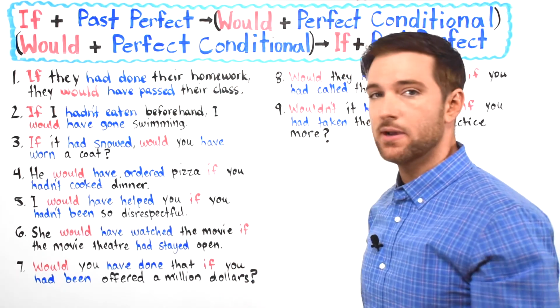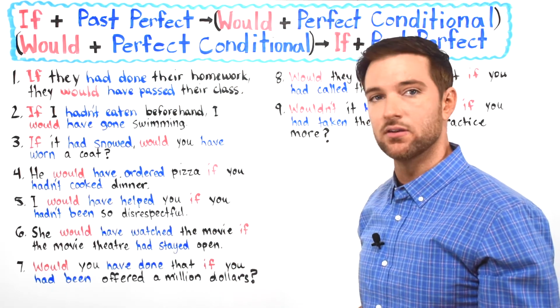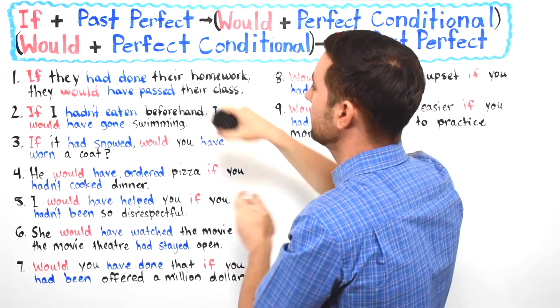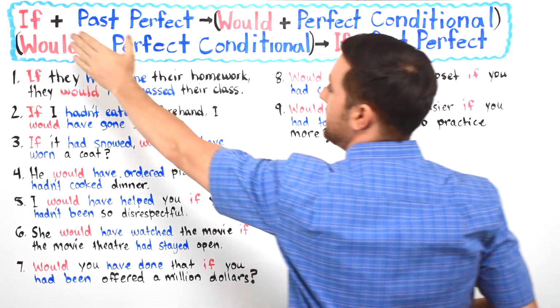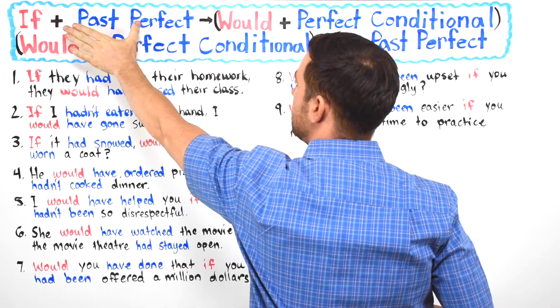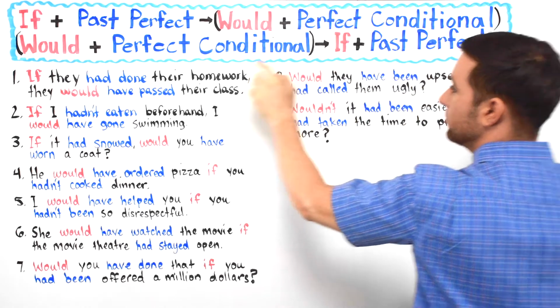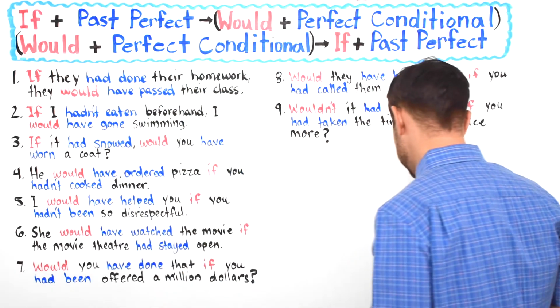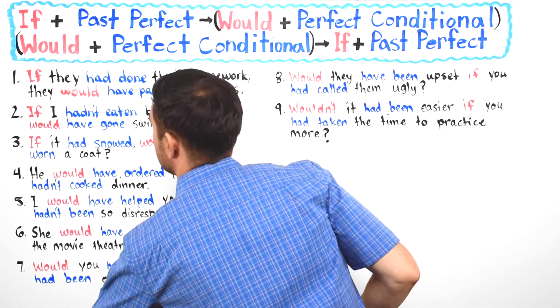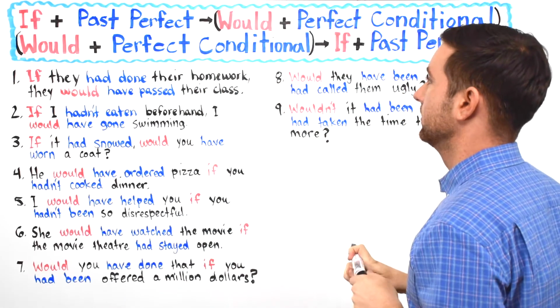Remember, I think we talked about that in lesson number 37, where you can switch it around. So instead of putting if plus the past perfect here in the beginning, you can actually put it here at the end, and you could put the perfect conditional in the front. Okay, so what is the perfect conditional?